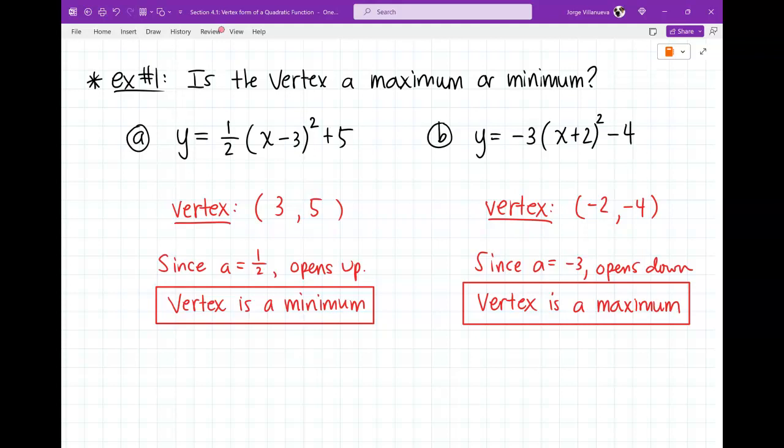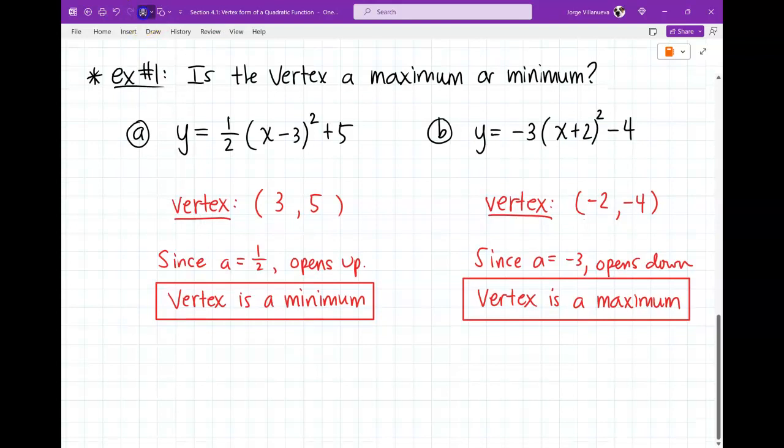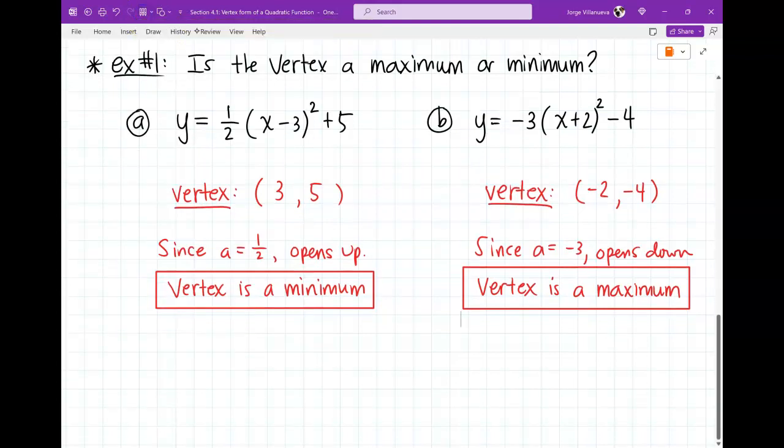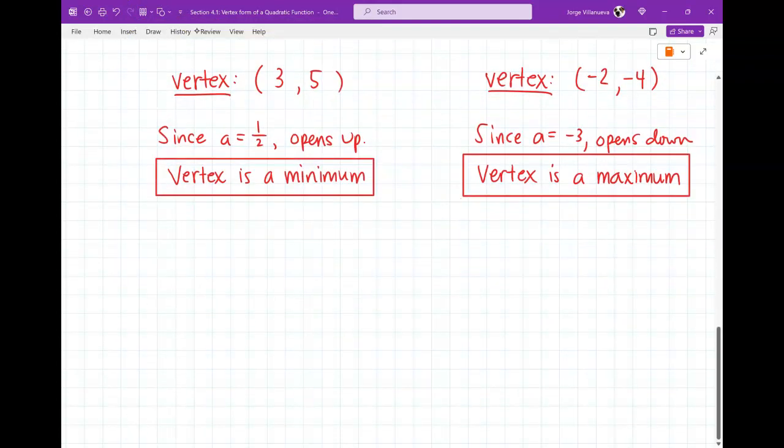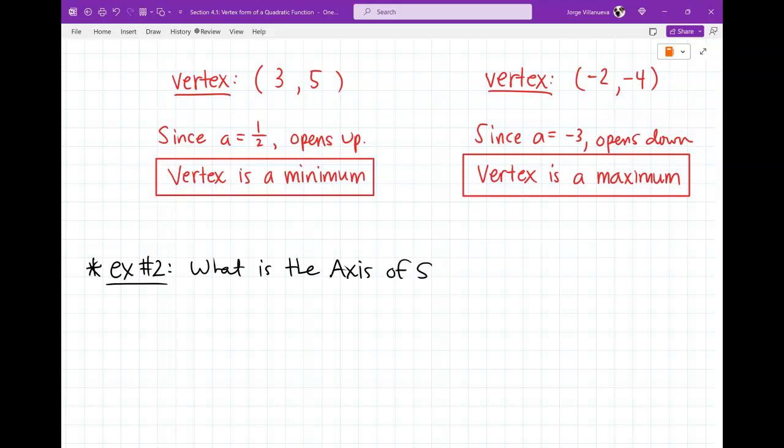All right? Now, example number 2. Let's find the axis of symmetry for a couple of these. So example number 2. What is the axis of symmetry for the function?